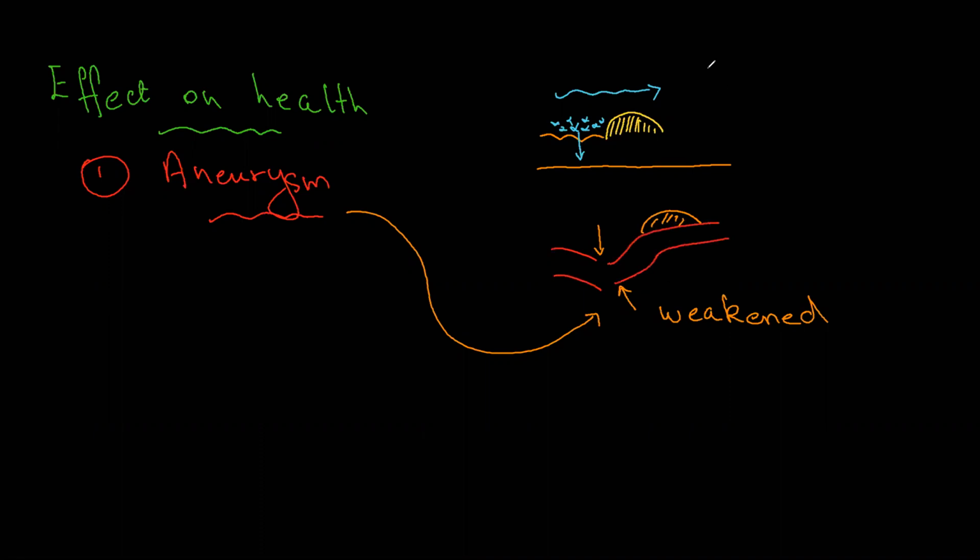It might split open, so blood is going, of course, to pass outside the artery, leading to a very dangerous condition. Yes, thank you, internal bleeding. This internal bleeding is fatal.